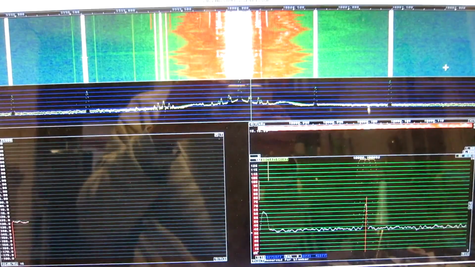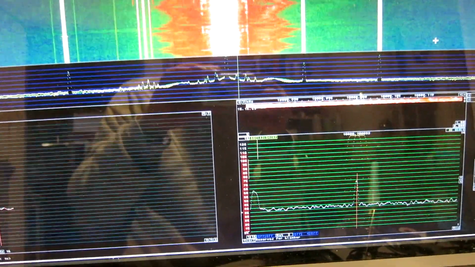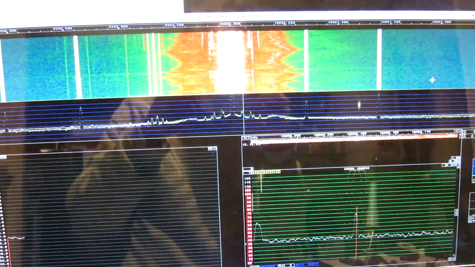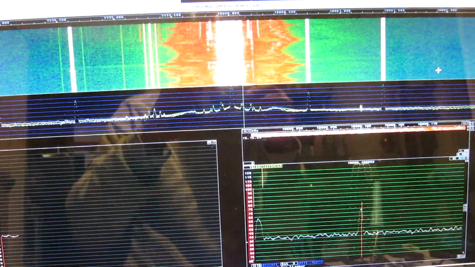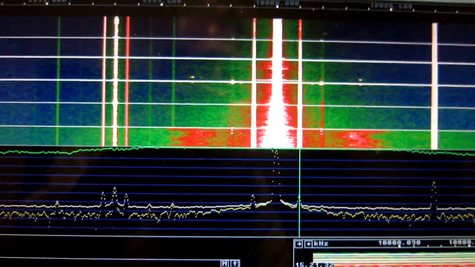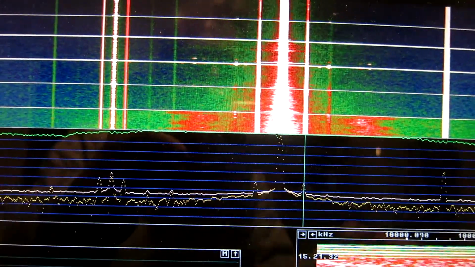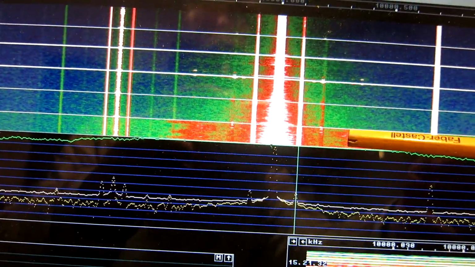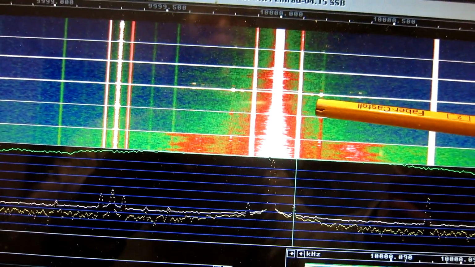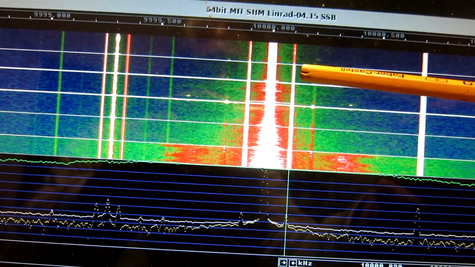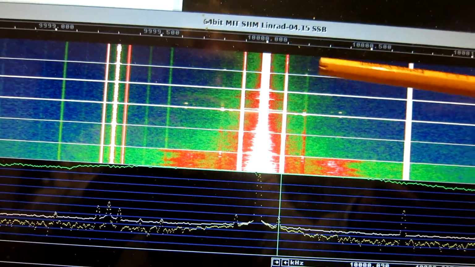So I will look now how this crystal behaves when I lower the power on it. And here is what it looks like. The attenuator setting 3 dB, 6, 9, 12, 15 and 18.